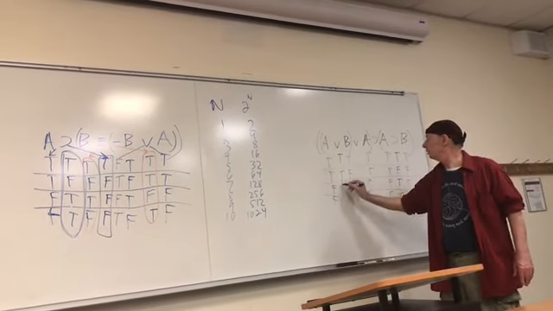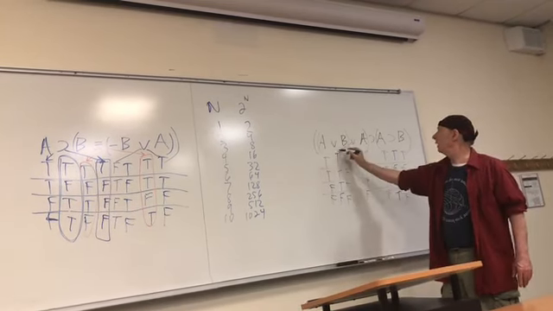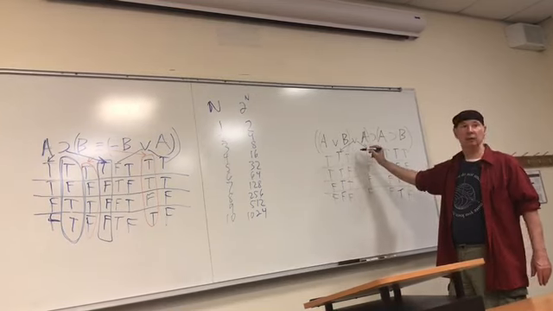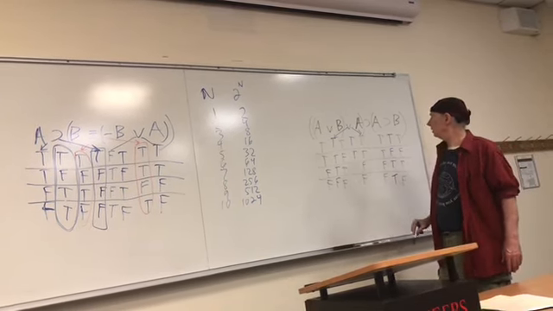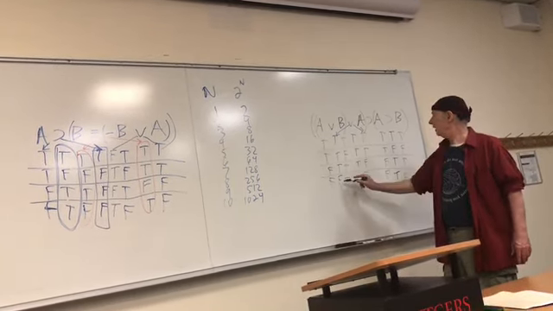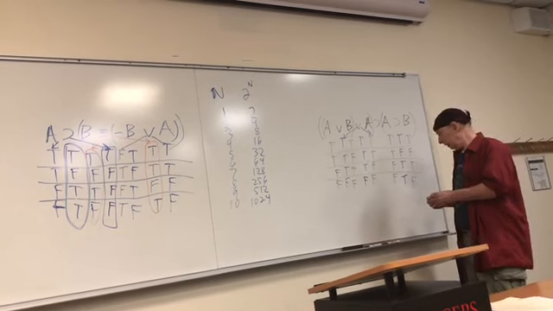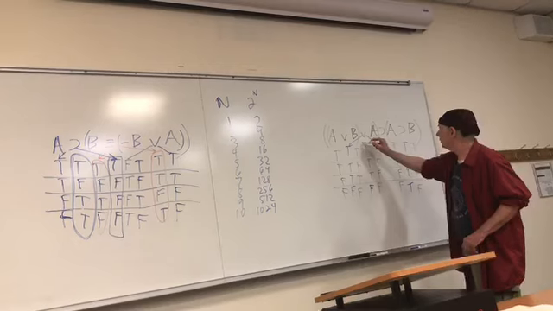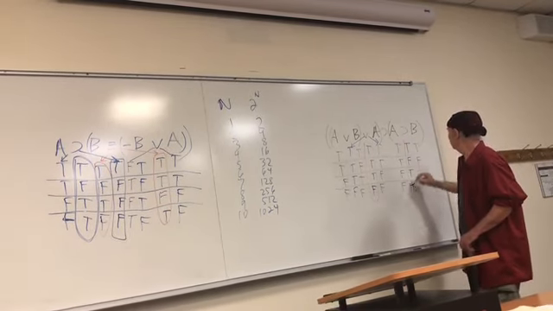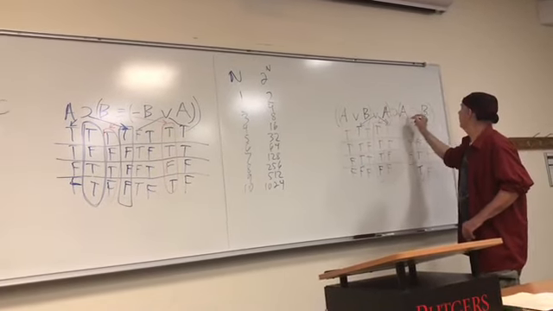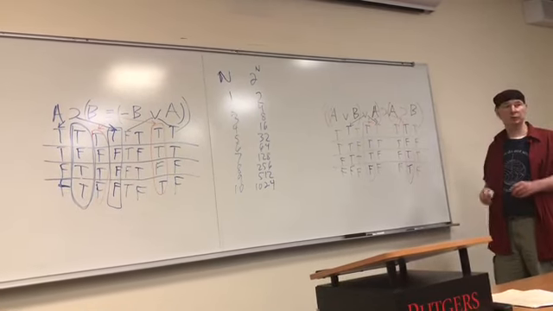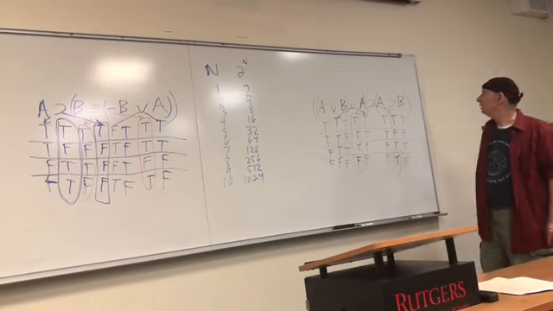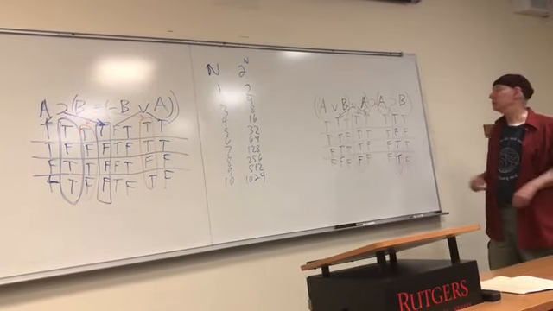T, T, T, F. And now we're wedging T to T, which is T. T wedge T is T. T wedge F is T. F wedge F is F. Finally, we are going to horseshoe the column underneath the wedge to the column underneath the horseshoe. T horseshoe T is T.